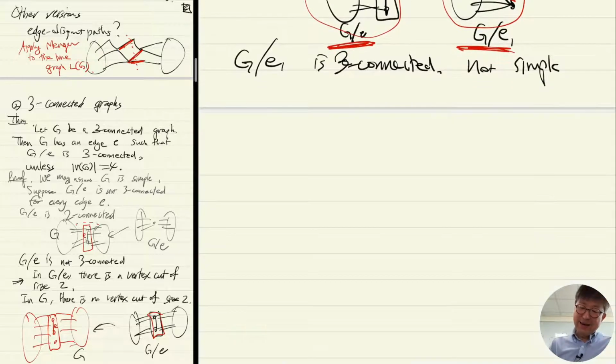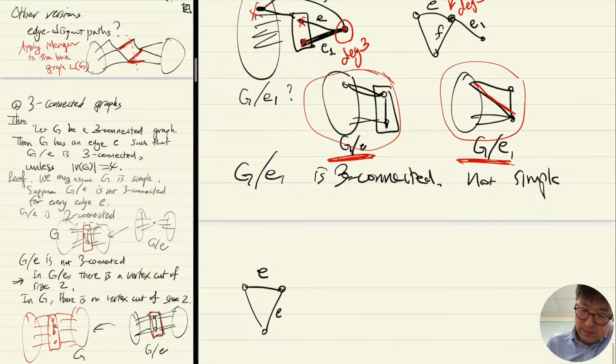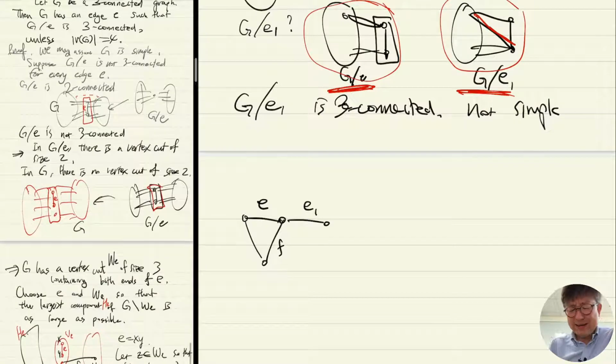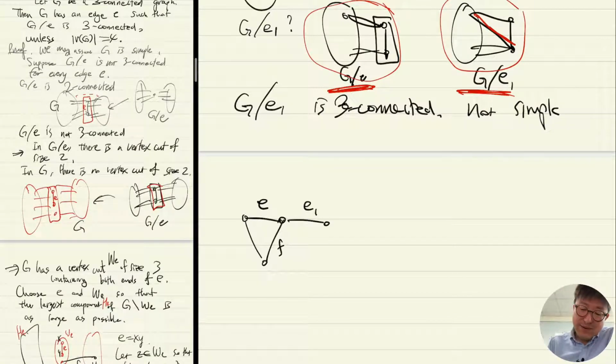Alright. So this is E. Okay, so E, F and E1. Now, this looks repeated, but how is this not simple? Well, that's not simple because you have a triangle. Where is the triangle?